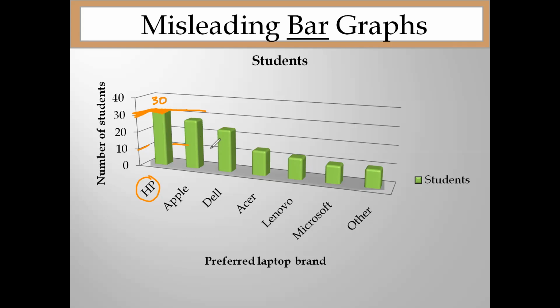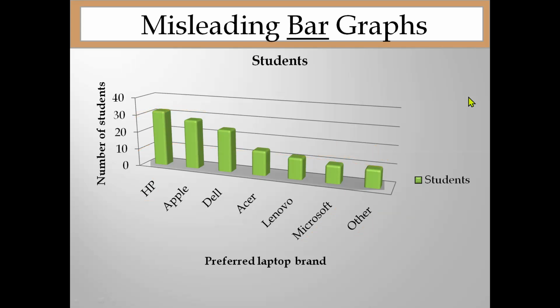Now let's look at Microsoft and other types of preferred brands of laptop. This is clearly below the frequency of 10. Both of these might even be considered to be different values. We can maybe even consider that Microsoft might have a frequency of 9 and others may even have a frequency of 8 because of the way we display the data.